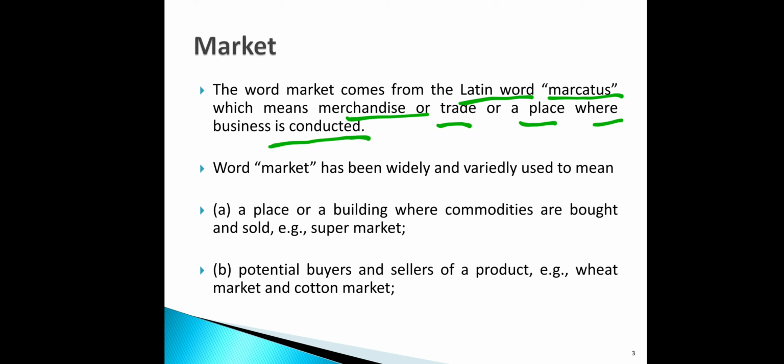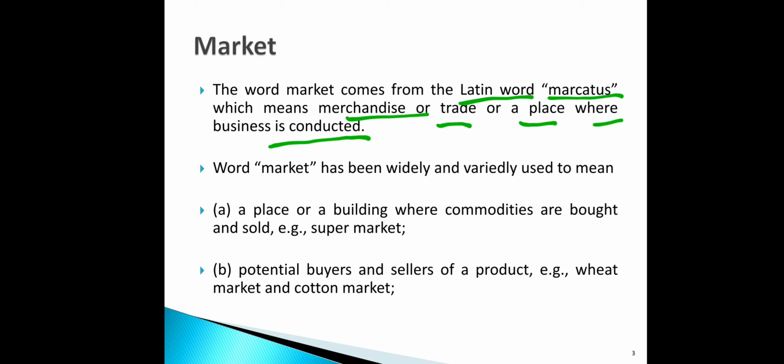Normally we call a market a place where the product is, or where the activity of marketing is done. Normally we use the term market as a place where business is conducted.